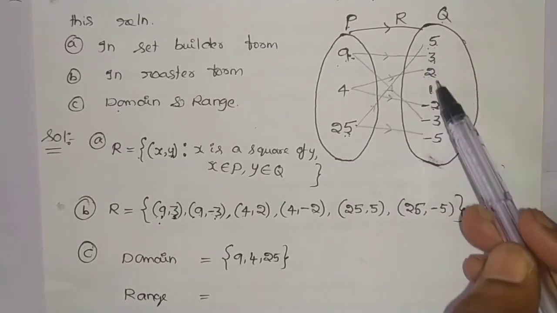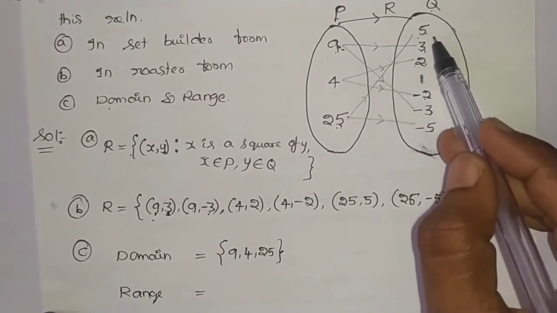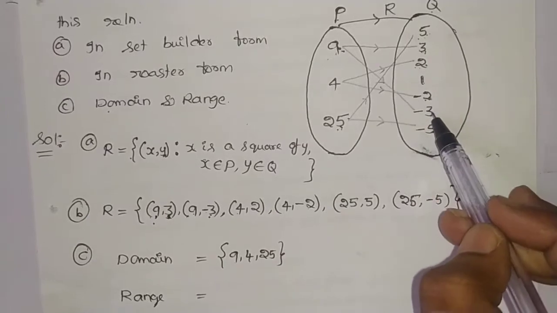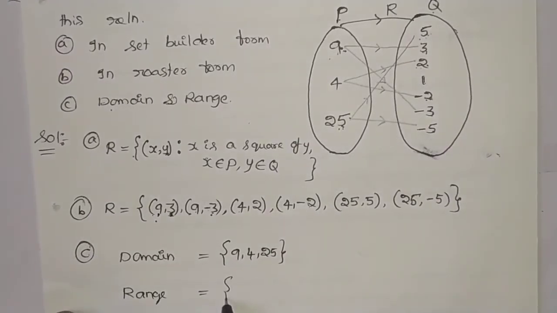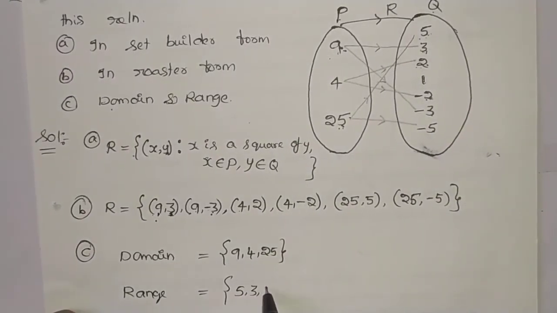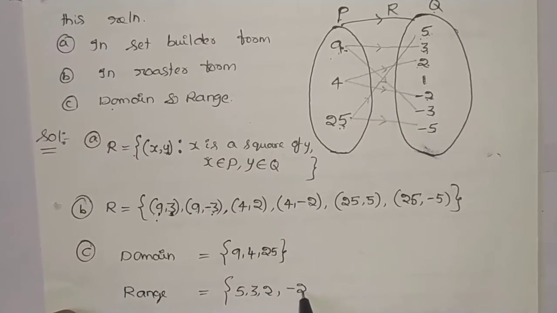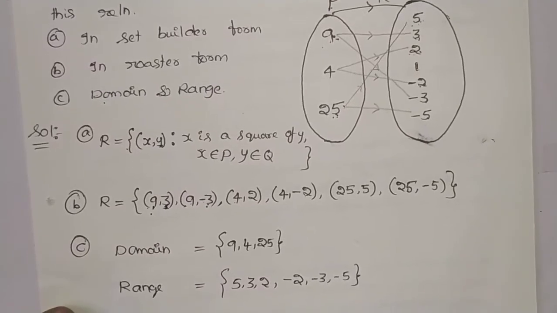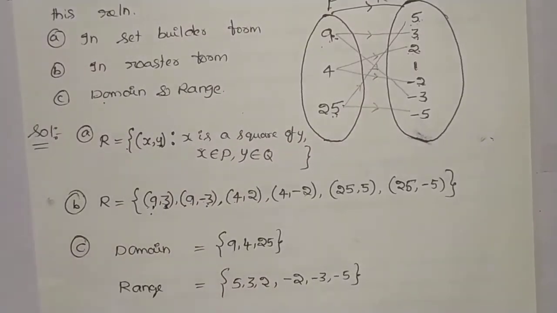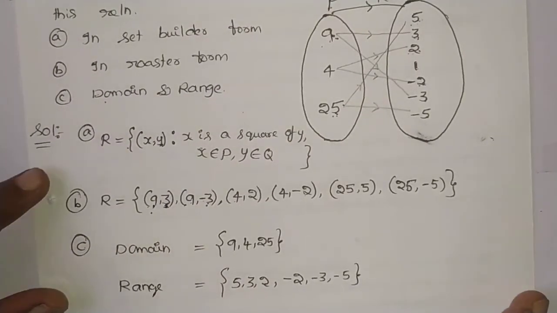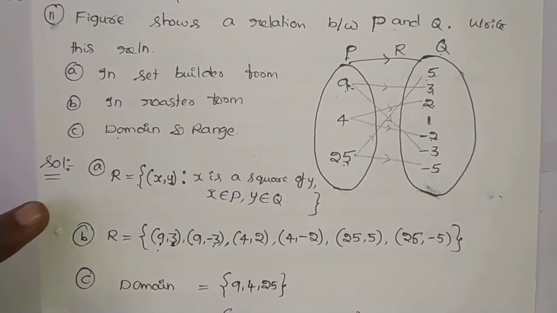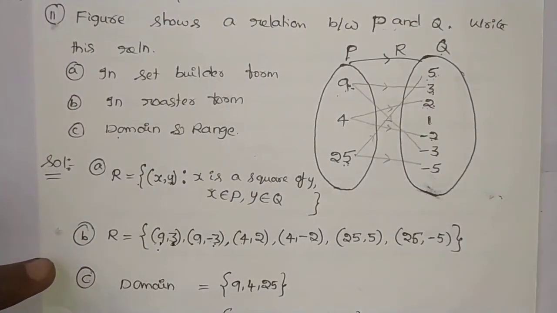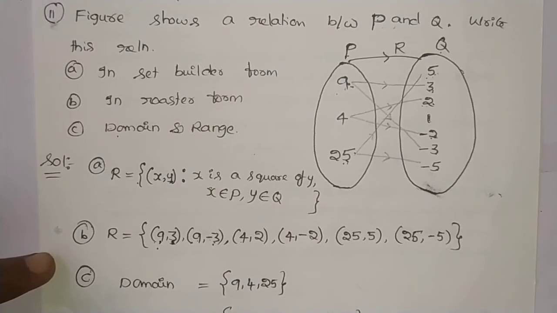Except 1, all the numbers come under range. Hence it is the domain and range of the given relation. Do you understand? Write down this question along with the answer in your notebook.